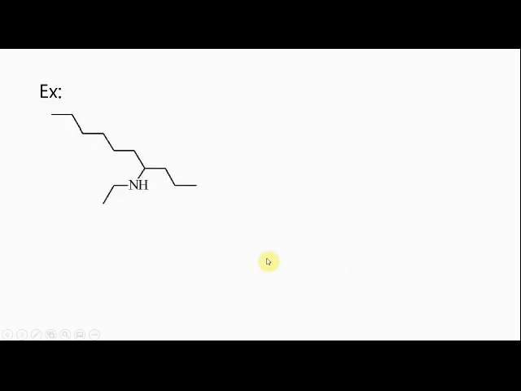So here's an example. We have attached to this nitrogen this really long carbon chain here. Also attached to the nitrogen we have this 2 carbon, so an ethyl group. And then on the carbon that's attached to the nitrogen we also have a branch, so a propyl branch.